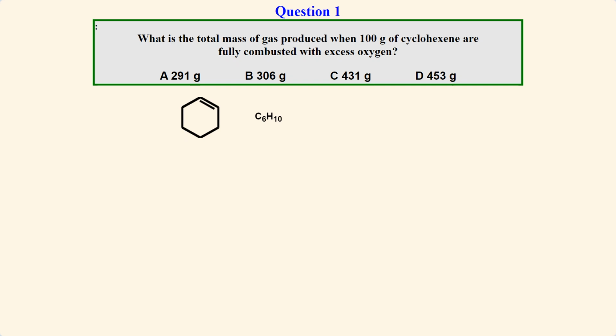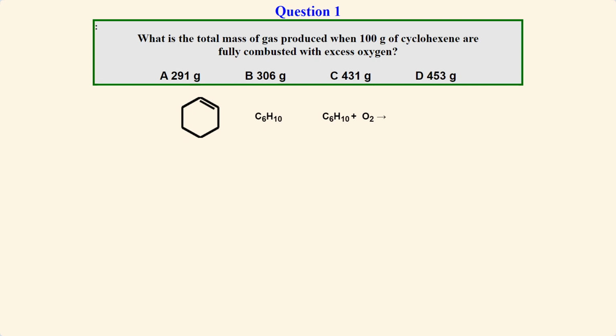And on the 2 vertices where the double bond is, we just have CH. So 4 lots of H2, that's 8 H, and 2 lots of H, that's 2 more, so that's 10 altogether. So C6H10. The next thing we need to do is to construct an equation for the combustion.